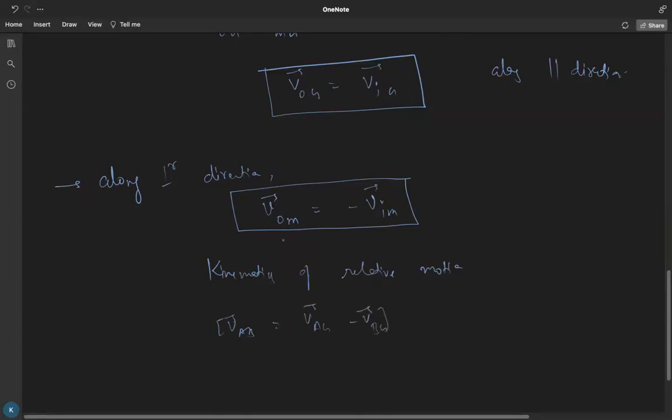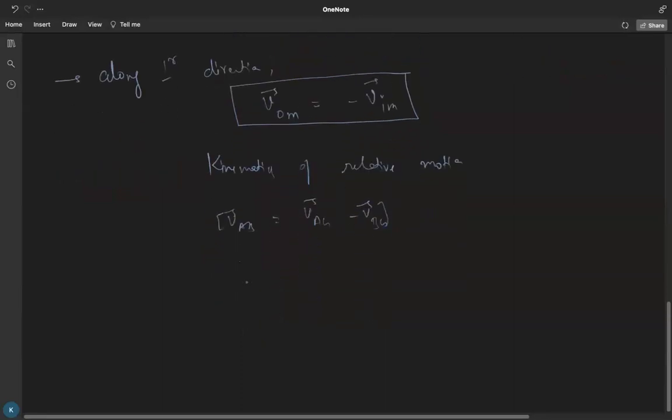So we apply the same thing here: the velocity of the object with respect to ground minus the velocity of the mirror with respect to ground is equal to minus the velocity of the image with respect to ground minus the velocity of the mirror with respect to ground.